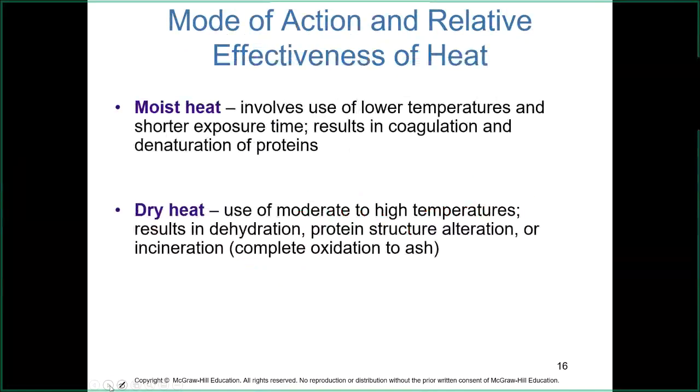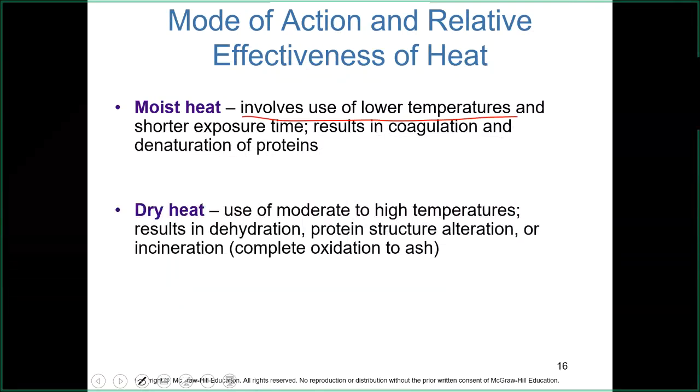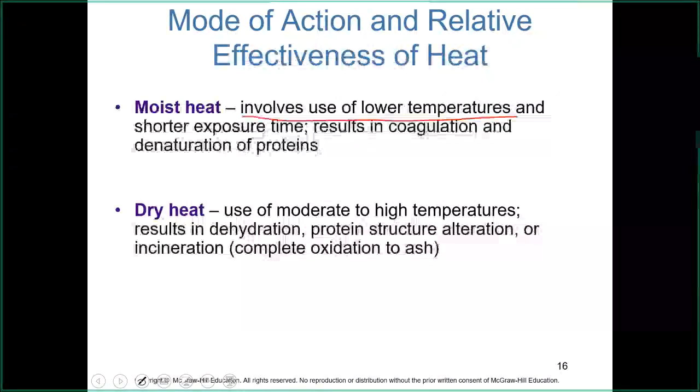All right, so we've got the moist heat versus dry heat difference. One interesting thing about them is moist heat's pretty effective, and it uses lower temperatures than dry heat. Dry heat, when you apply it, has to be at a pretty high temperature generally in comparison to when we apply any sort of water vapor. And moist heat doesn't have to be applied as long usually.